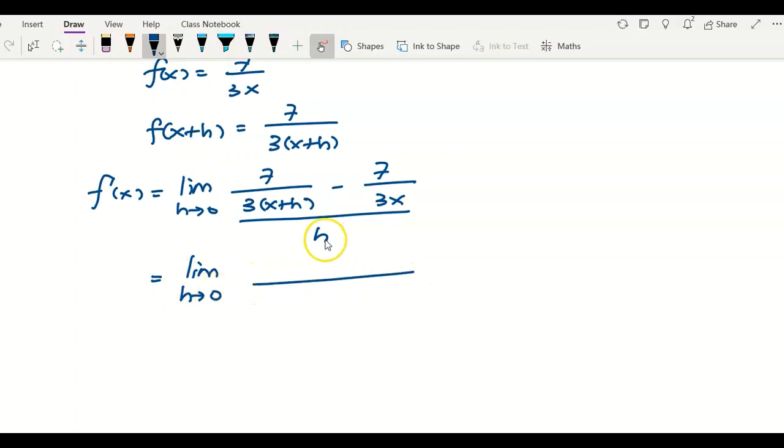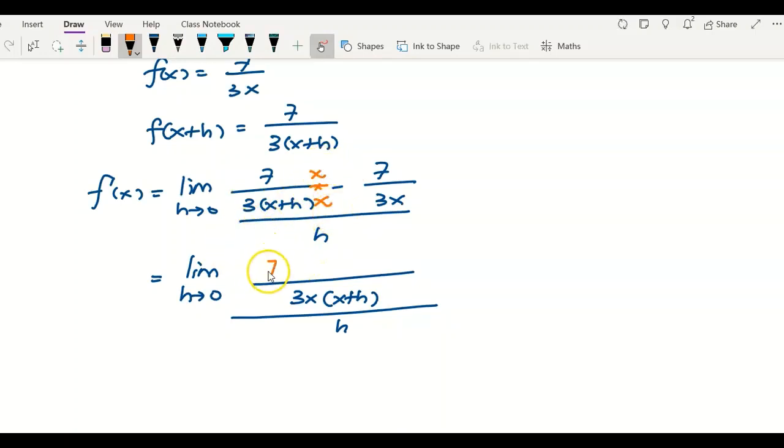Equate the denominator. So we make the denominator 3x multiplied by (x+h), and over h. Up here, if we want to make this denominator 3x(x+h), then we know here has to be multiplied by x, and on top we need to do the same. So x over x.